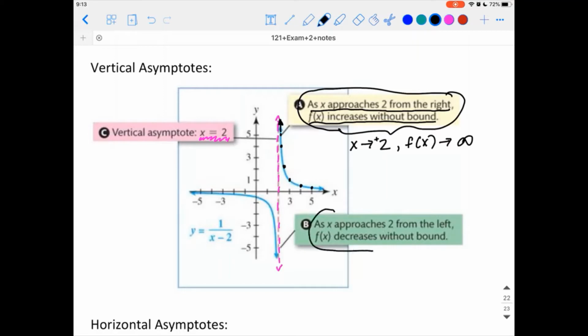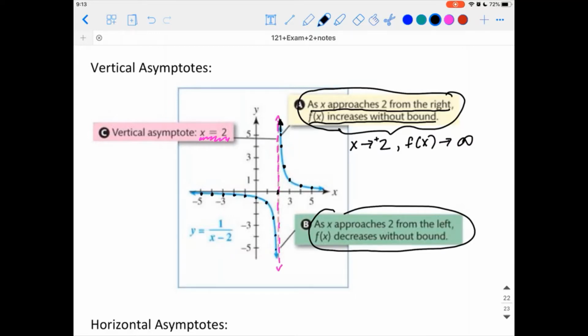Take a look at this one. As x approaches 2 from the left. So here's x equal to 2. And from the left, I'm on the left-hand part of the graph. So here I'm at x equal to -5, -4, -3, -2, -1, 0, 1, 1.5.